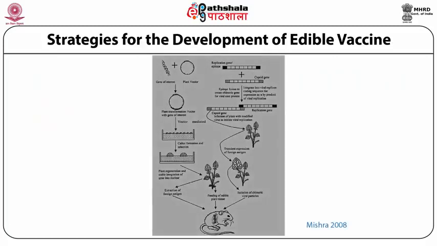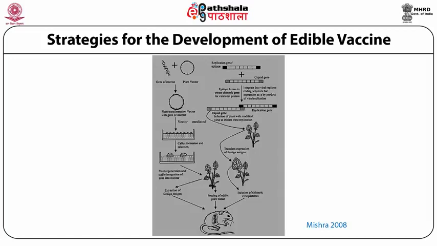There are different strategies to develop edible vaccines. Like any other strategy we described so far, a gene of interest needs to be transferred to the plant and expressed, and a protein is produced which can be purified and used, or directly consumed from the plants in the case of edible vaccines.